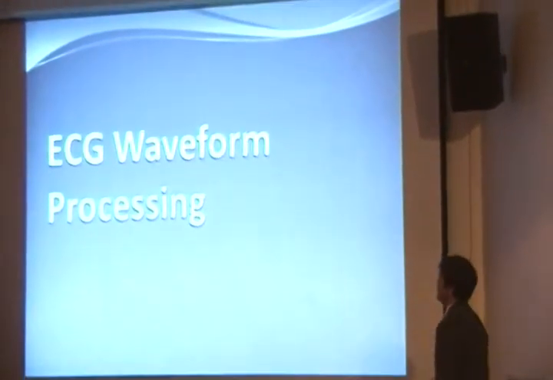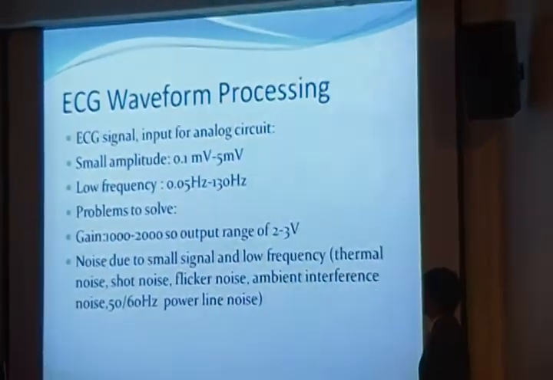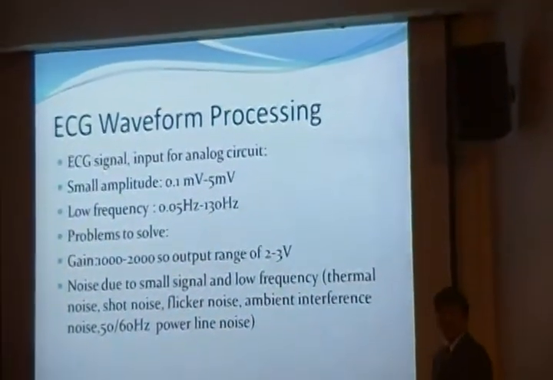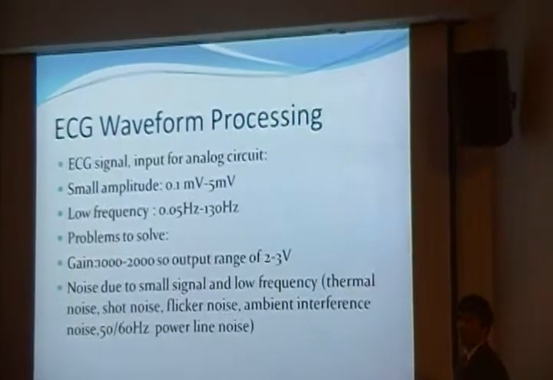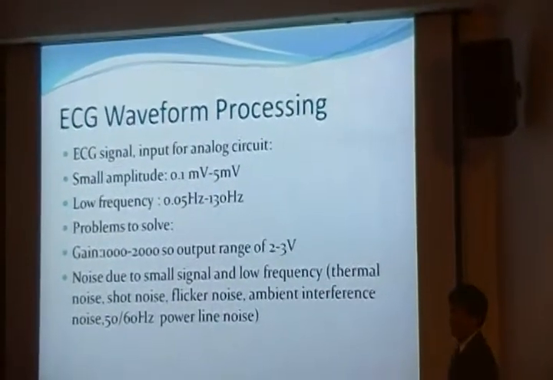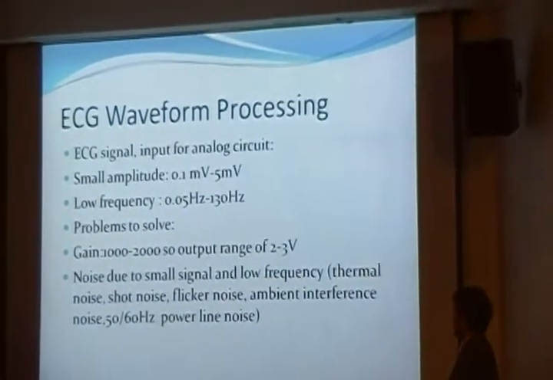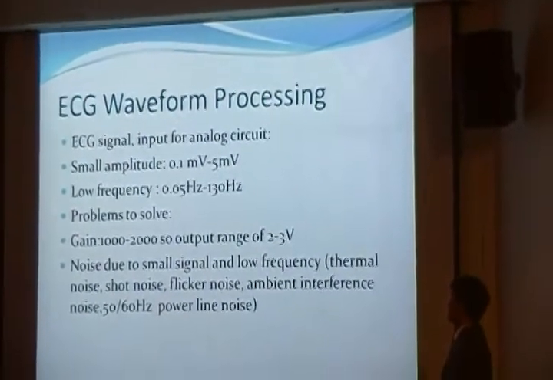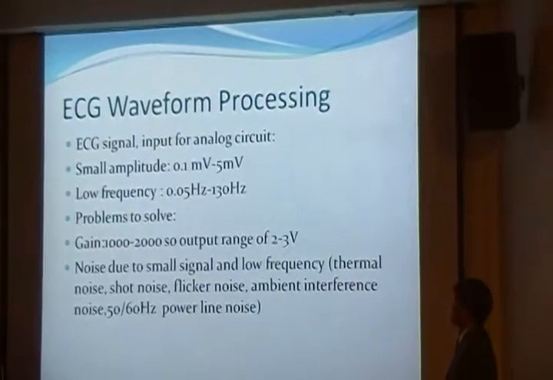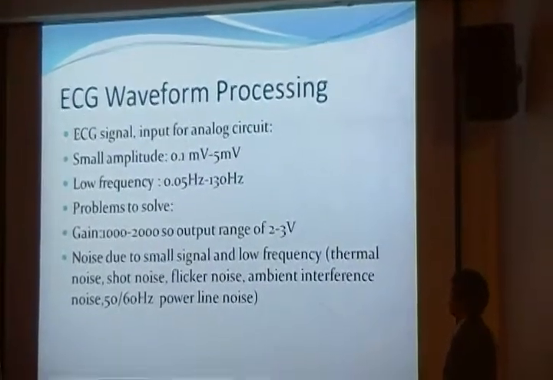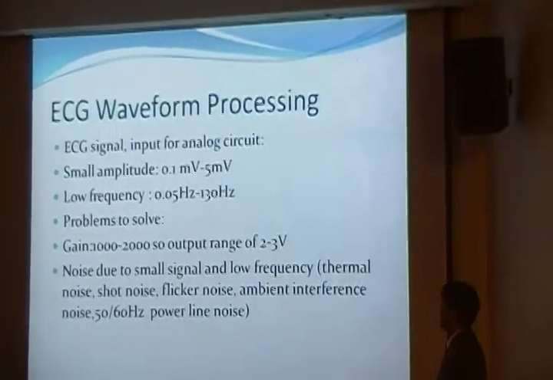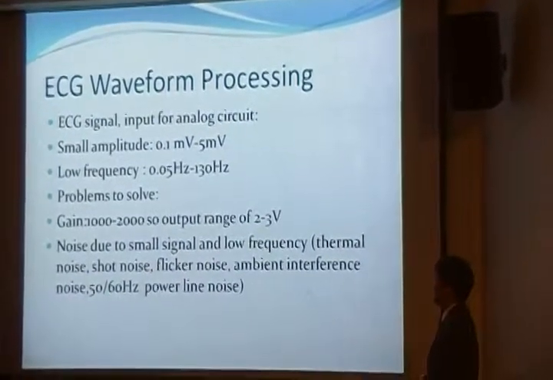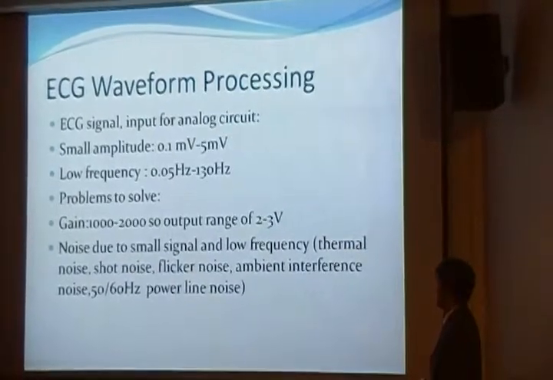Talking about ECG waveform processing. The ECG waveform processing circuit is the first step in taking the ECG signal from the patient. The ECG signal is very small, in millivolts, and low frequency, from 0.05 hertz to 130 hertz.